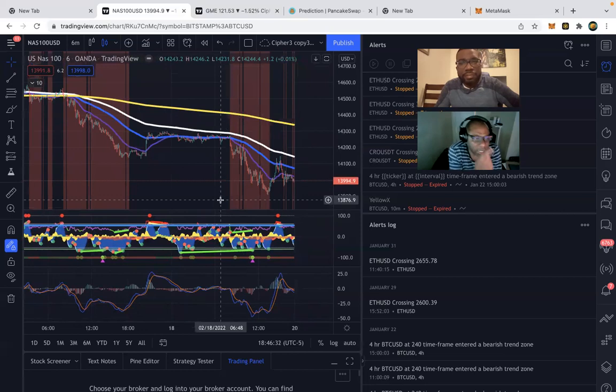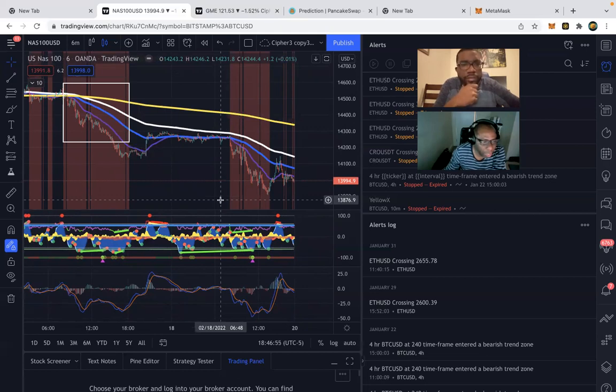Okay, that's an interesting point you mentioned. The background gives you an indication of the direction. So let's look at this block. The background is red.